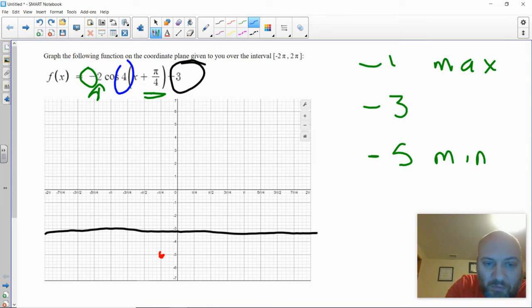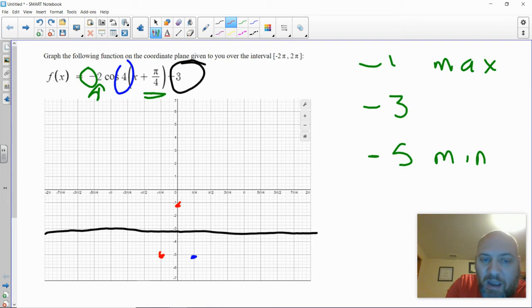So I know -pi/4 to +pi/4 is a distance of pi/2, so the curve is going to end there. The distance between the red and the blue points currently is going to be 1 period. So now I have the key points that will help me. Halfway between there is going to be my maximum, which is going to be -1.